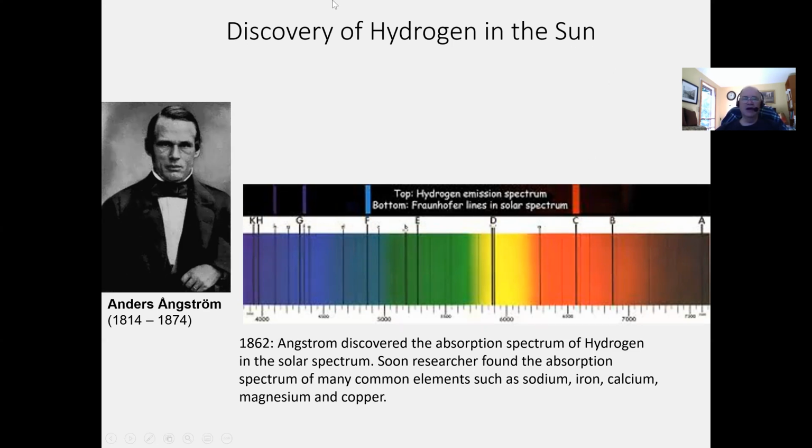And so yes, hydrogen is at least in the photosphere of the sun, which was established in 1862. And this was remarkable. I mean, think about it. We now are talking about what are the chemical elements that are in the sun. Who would ever think so?